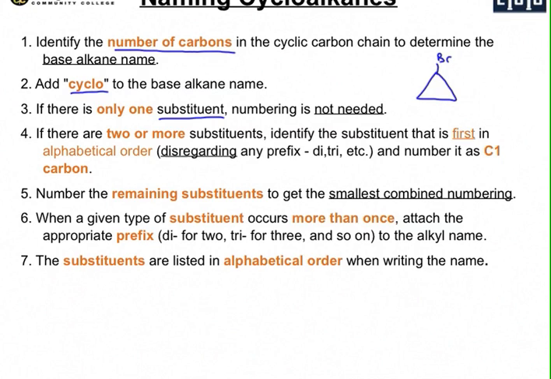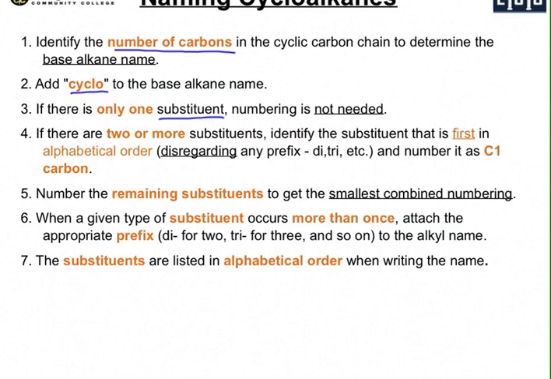You don't have to worry about saying a 1-bromo or 2-bromo, what location, because no matter where we put it, if you think about it, it doesn't matter. This molecule can rotate around and numbering is unnecessary. But that's only true if you have one substituent.